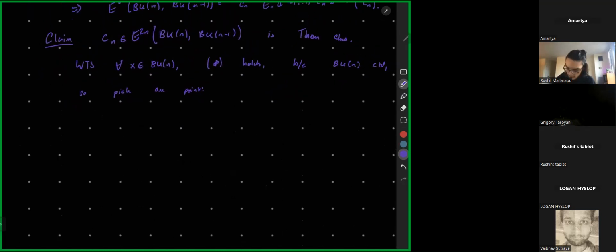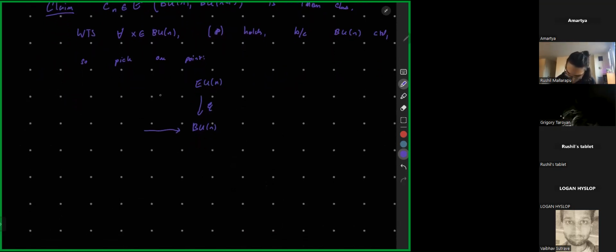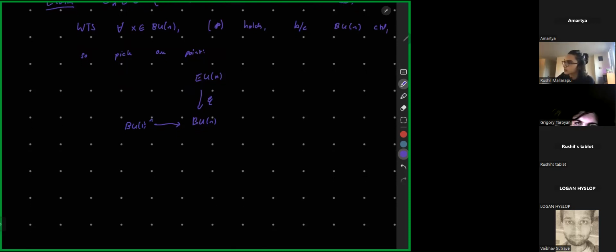So what we can do is take zeta, which is the vector bundle associated to the universal bundle on BUN, and then take its pullback by BU1 to the n.